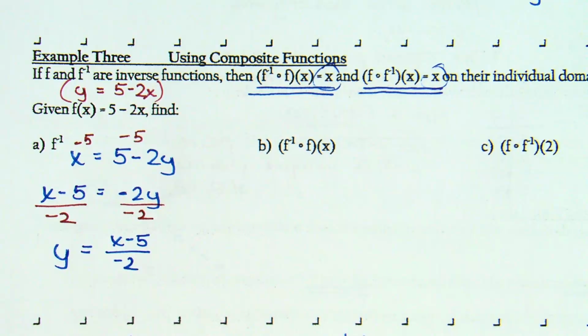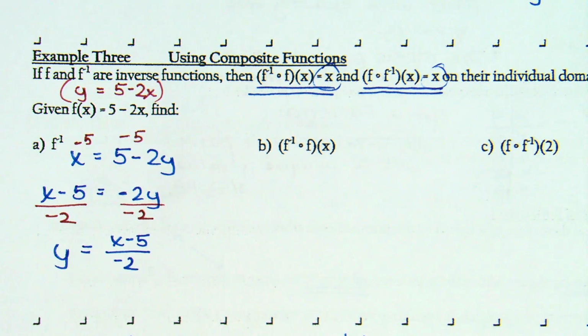I'm content with that form. Technically, some people would argue you can't leave a negative in the denominator. And if you can't, that just means you change all the signs. You multiply everything in the top and bottom by a negative 1, and that's changing all the signs. I'm perfectly fine with leaving it as is.